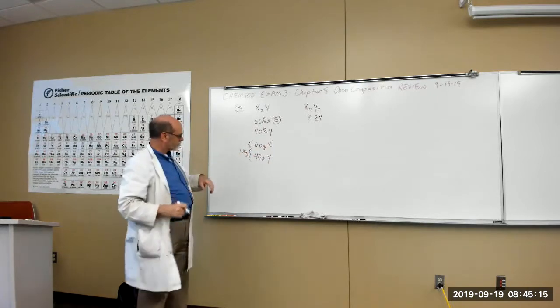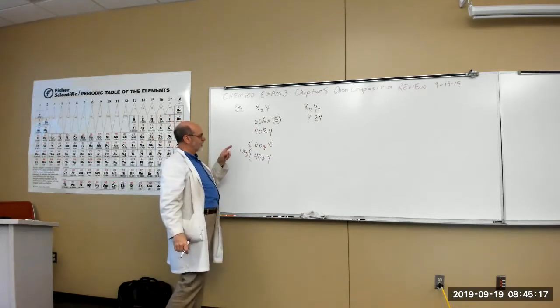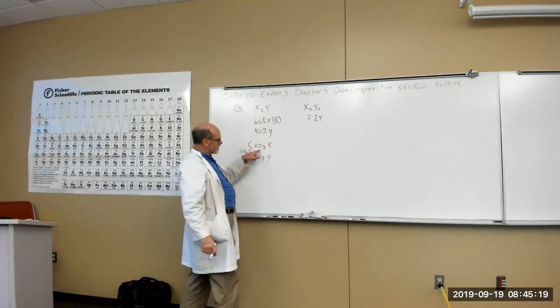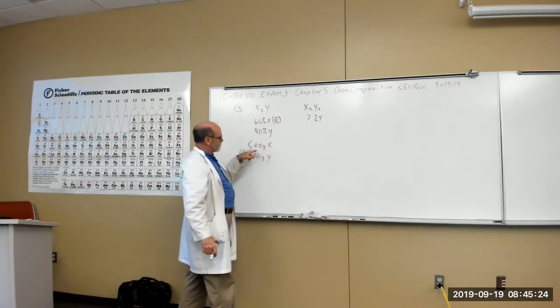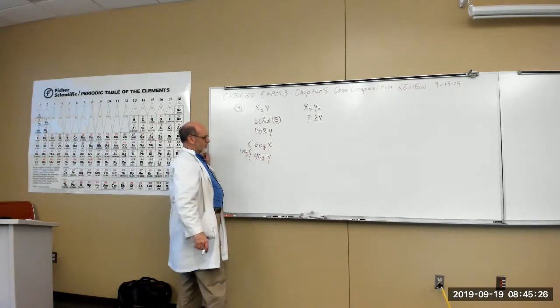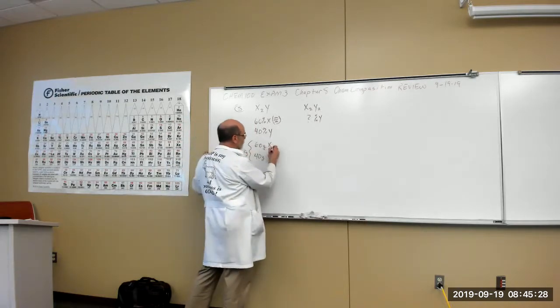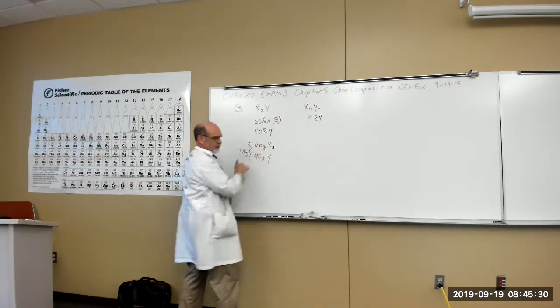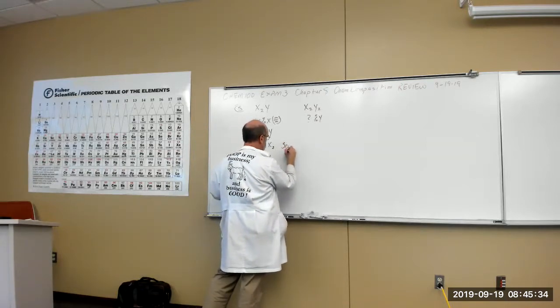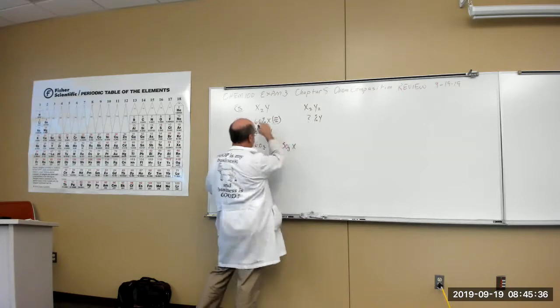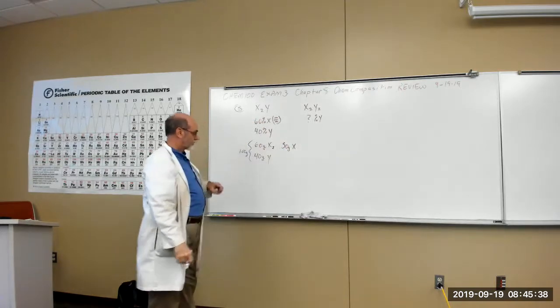Okay. So now we can say, if this is 60 grams of X, how many grams for each one of those X's? This is actually 60 grams for 2 X's, right? So 1 X is 30 grams in that compound.